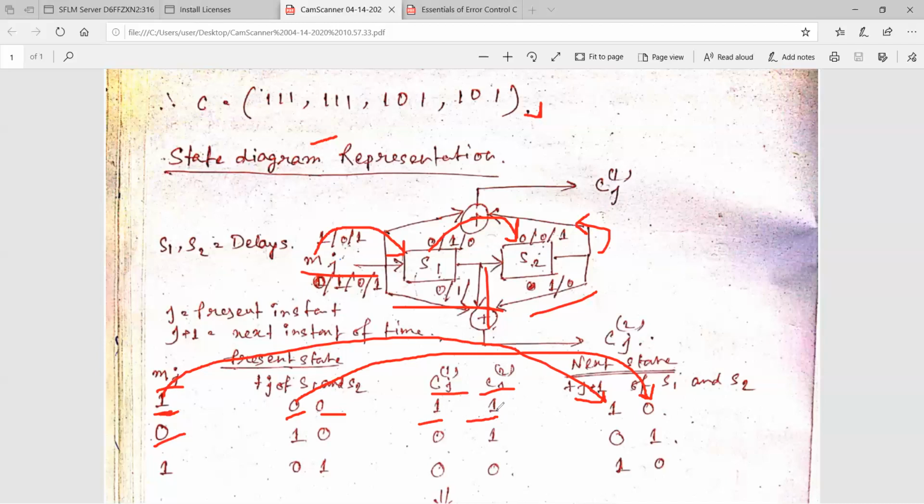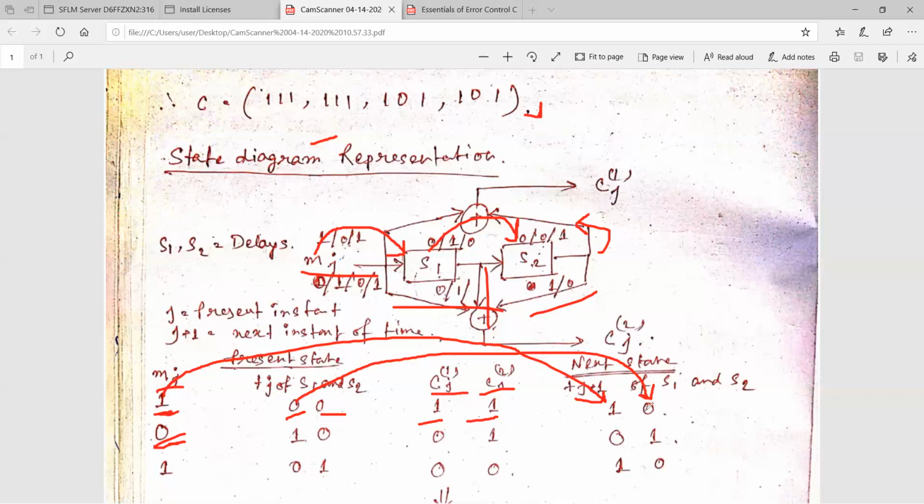Our intention is how to get the next step. So when I'm feeding this encoder with a new message bit in the next stage, which is 0, then the previous bit will be shifted right to S1, and what was present at S1 will be shifted right to S2.